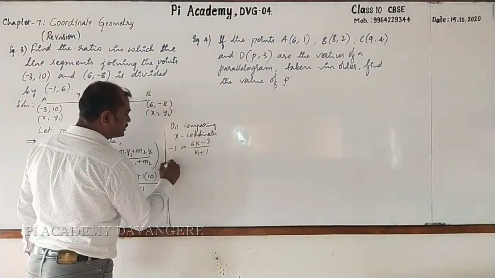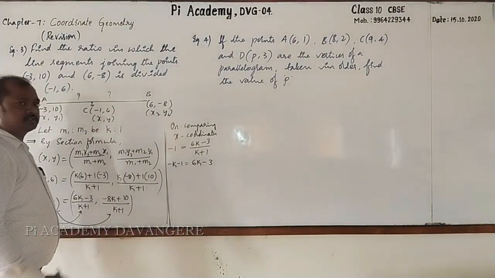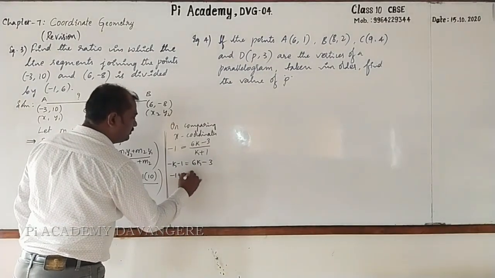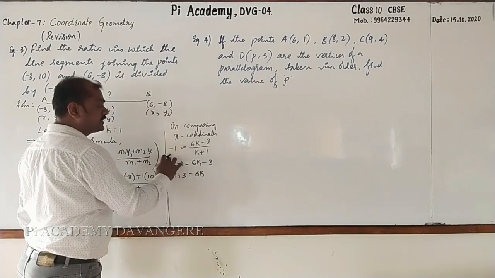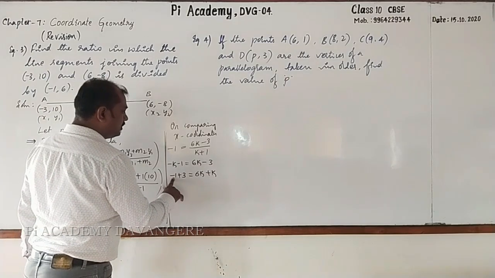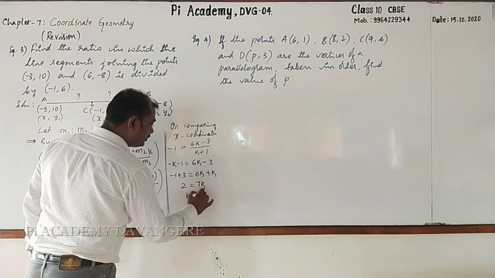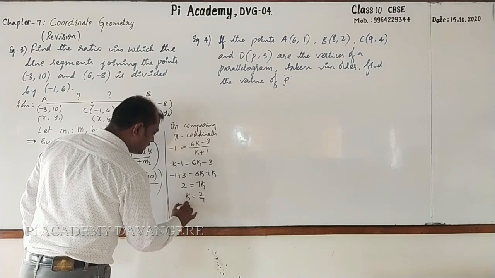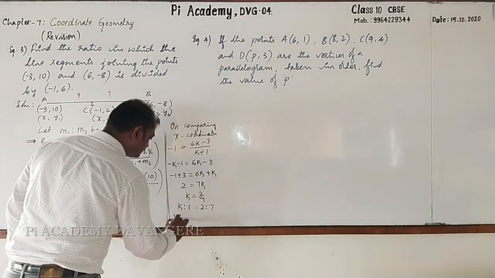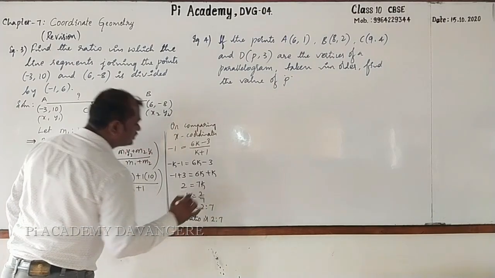Minus 1 into k plus 1 is minus k minus 1. Then this is 6k minus 3. Then minus 1, transfer minus 3 to the left hand side, becomes plus 3. Then this is 6k. Transfer minus k to the right hand side, becomes plus k. Minus 1 plus 3 is 2. It is equal to 7k. k is equal to 2 by 7. That is k is to 1 is equal to 2 is to 7. Therefore, the ratio is 2:7.